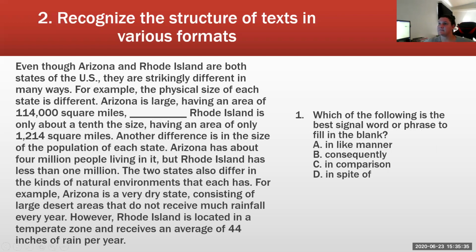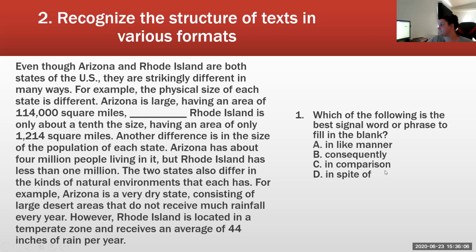So here's another one. Recognize the structure of text in various formats. So again, pause, read this. What we're going to do is try to find the signal word to fill in the blank right here. So read it, and then we'll answer the question. Okay.